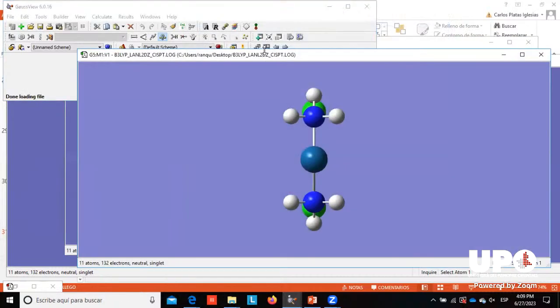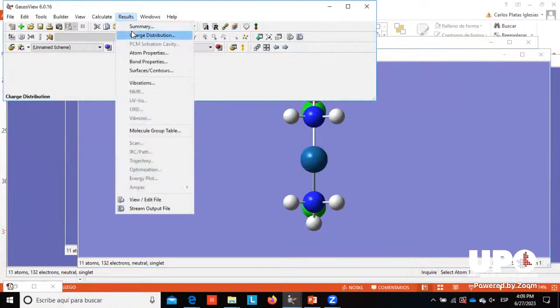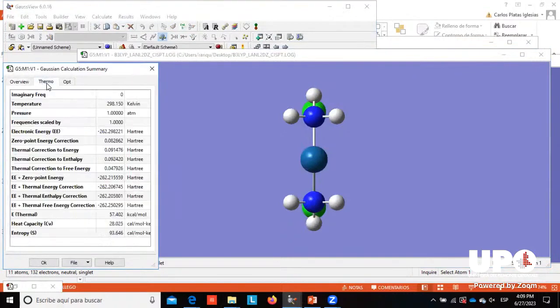So in my case, I have the cis isomer. In the thermo summary, my Gibbs free energy with zero-point energy correction is minus 262.25, 25.0295.